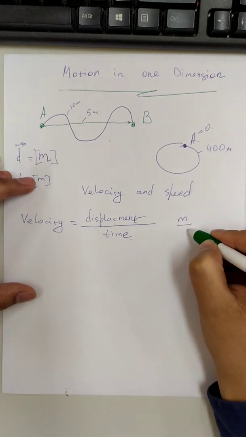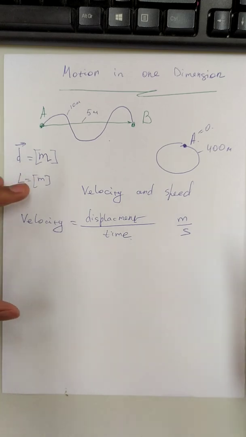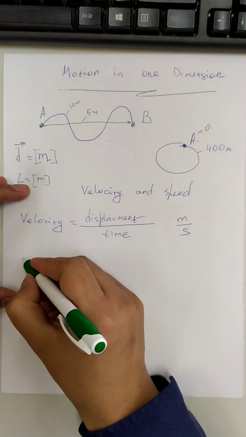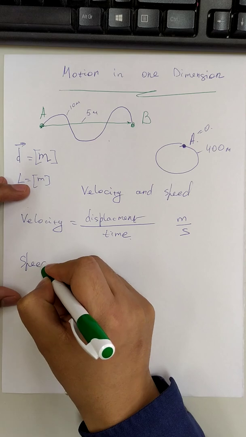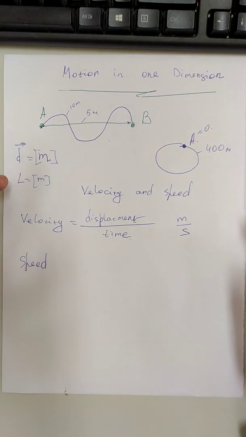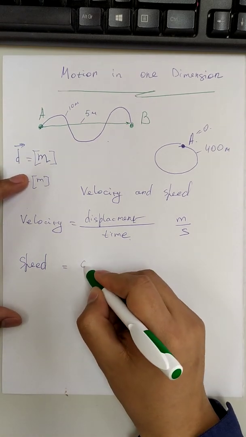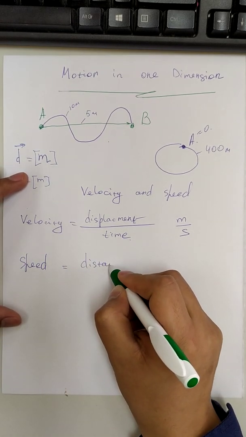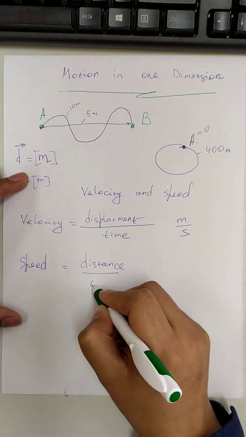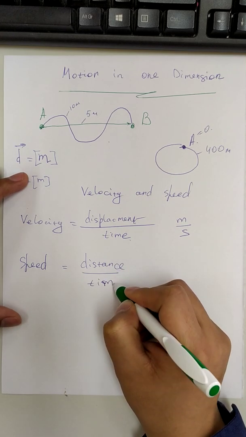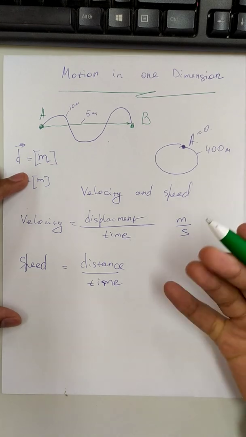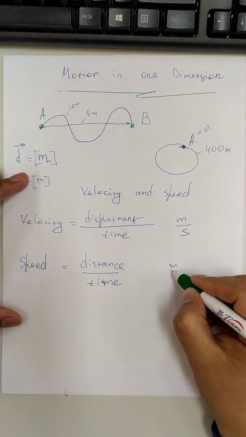It is measured in meters per second. Speed is defined as the distance traveled per unit time, also measured in meters per second.